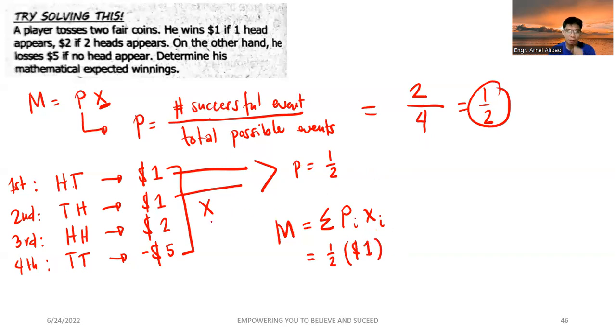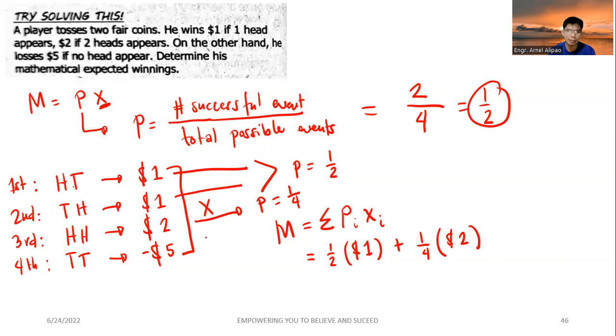And how about for this event? What's the probability for that? That's only one event out of how many total possible events? 1, 2, 3, 4. So that's only 1/4. So plus the probability is 1/4, and the price is only $2.